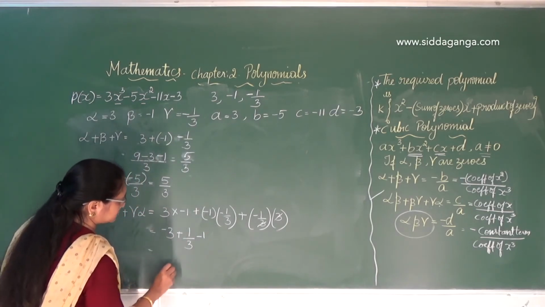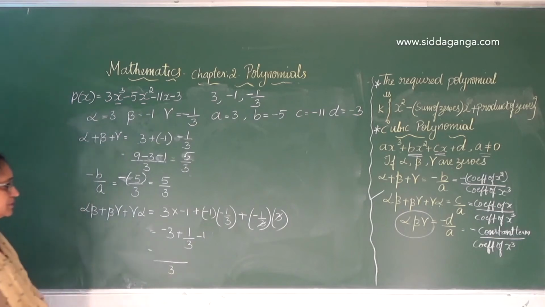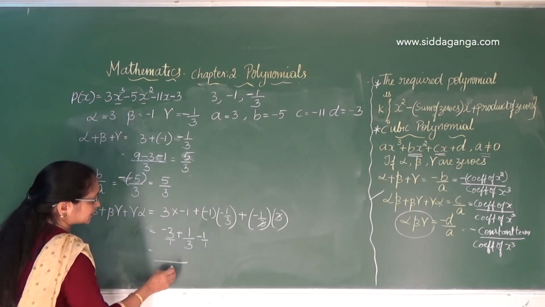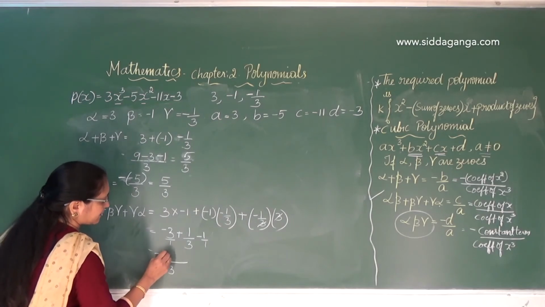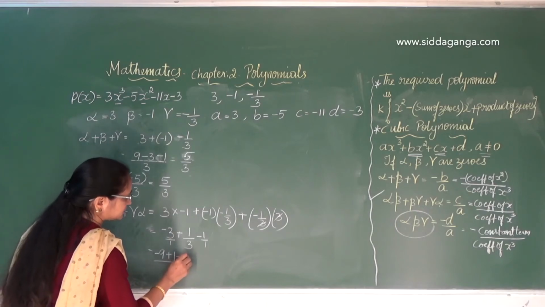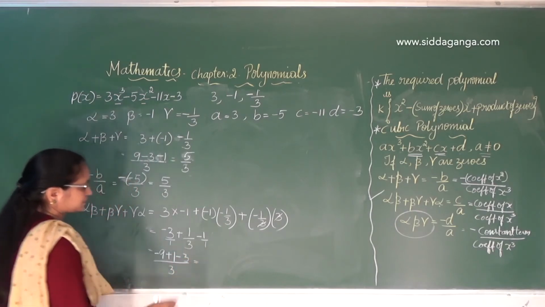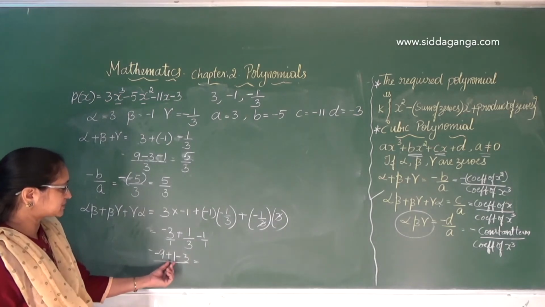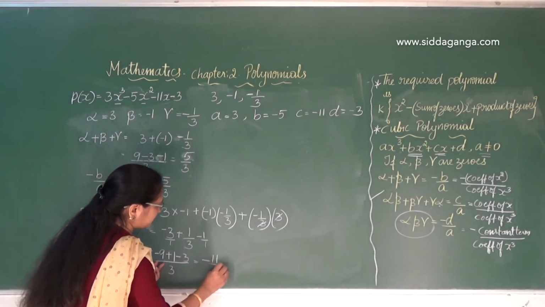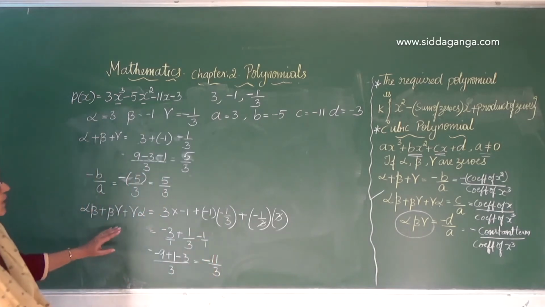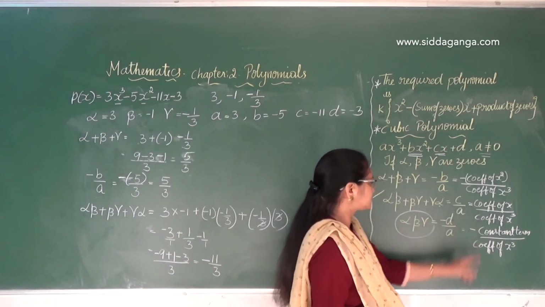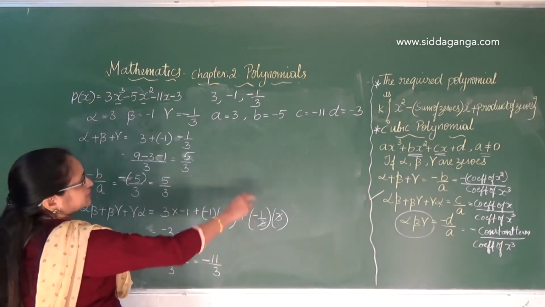Now find out LCM. 3 is the LCM here. Here 1 you have to take. 1 3s are 3, 3 3s are 9, minus 9 plus 1, then minus 3, minus 9 plus 1. So minus 9 plus 1, minus 8. Minus 8 means this is minus 11 by 3. Now see here, alpha beta plus beta gamma plus gamma alpha is equal to C by A. So what is C?